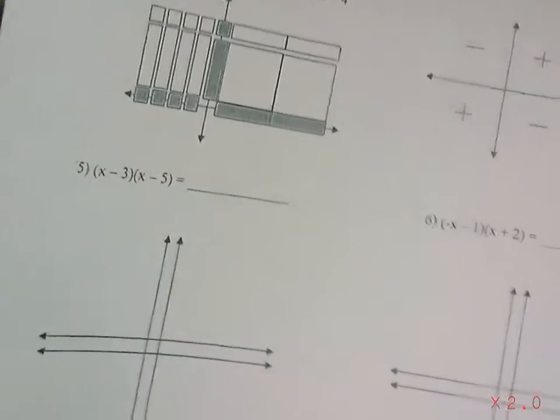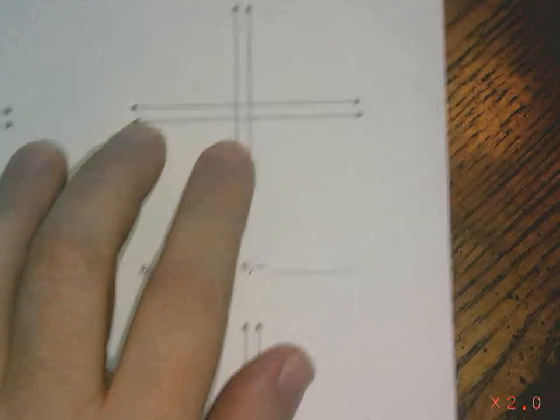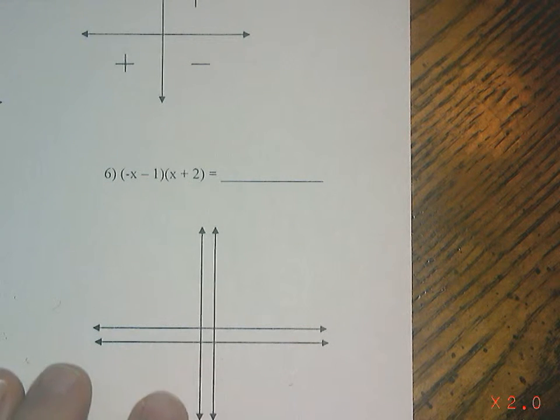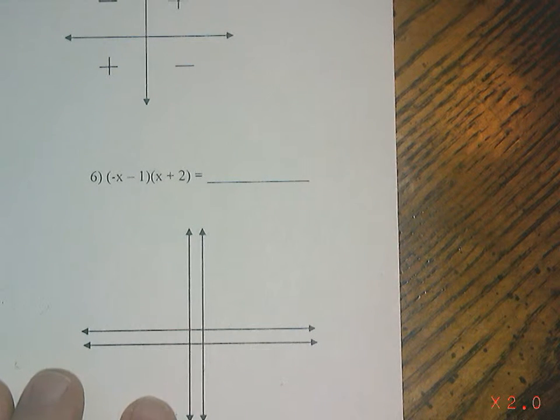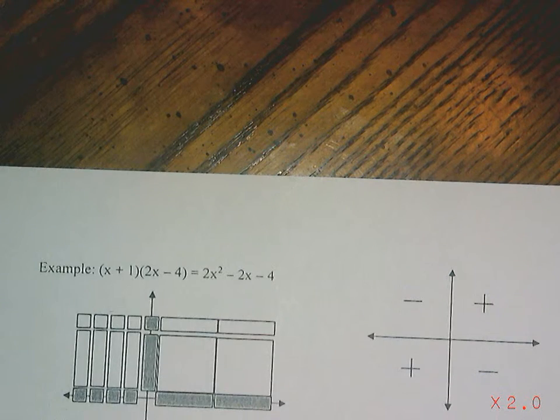Let's do another one that maybe has some subtraction in it. Oh, I kind of like that one. Let's look at this one right here. Okay. So, it wants you. They're making this a lot more complicated than it needs to be.